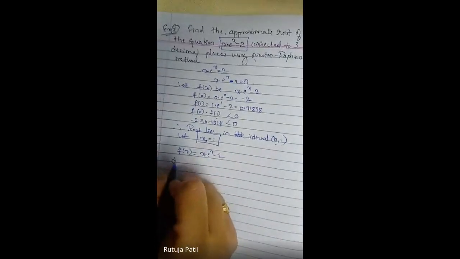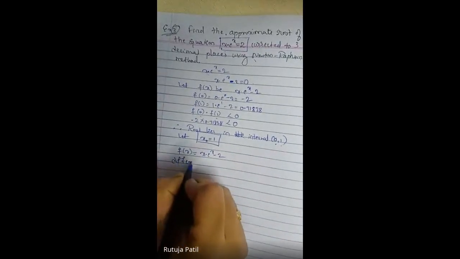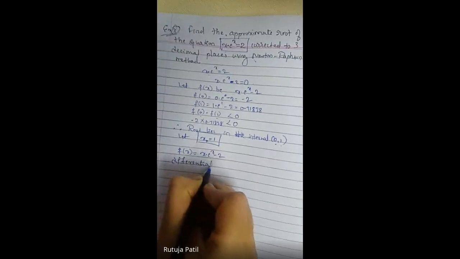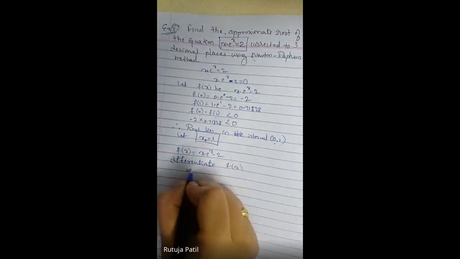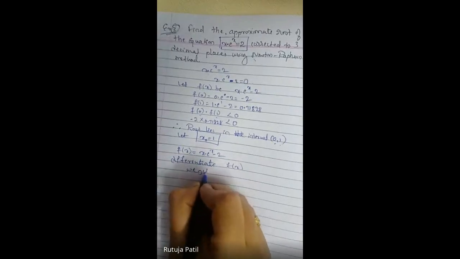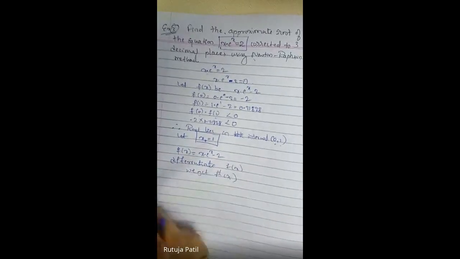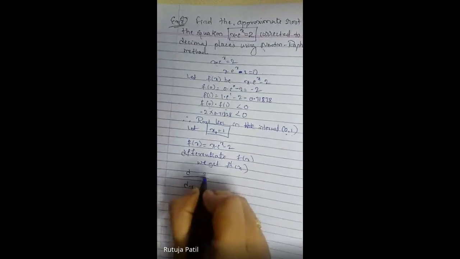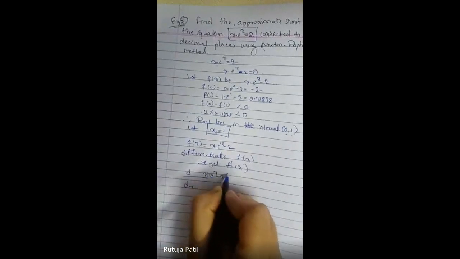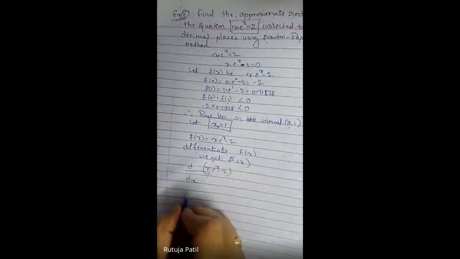Next step is what? We have to differentiate this. So differentiate f of x, we get f dash of x. So differentiate x into e to the power x minus 2 with respect to x.